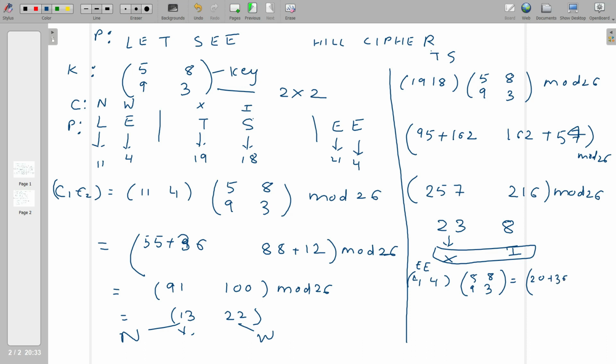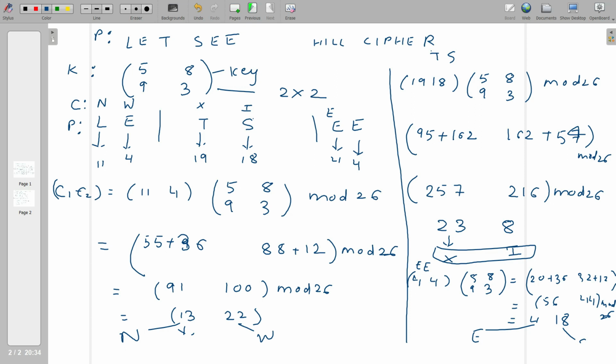Similarly, 4 into 8, which is 32, plus 4 into 3, which is 12. So when we add it, it comes out to be 56 and 44. When we take the mod 26 operation, the remainder will be 4 here, and here the remainder will be 18. So this 4 is for E, and this 18 is for S. So the pair is ES.